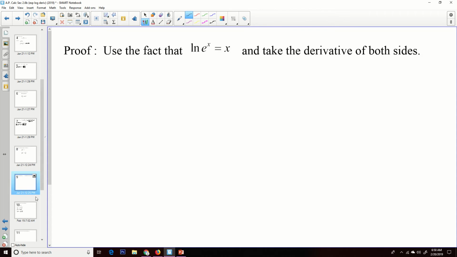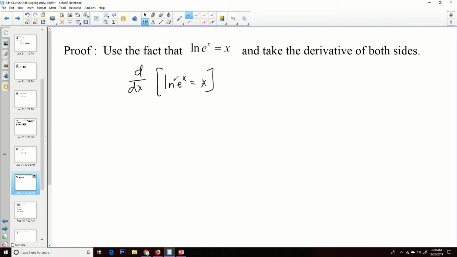So real quick, we're going to take the derivative of both sides and try to prove why the derivative of e to the x is e to the x. I'm going to start with ln of e to the x is equal to x. I could simplify this side already because it is just x. But I'm going to take the derivative of both sides here.